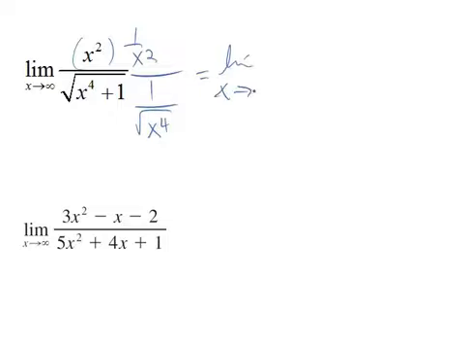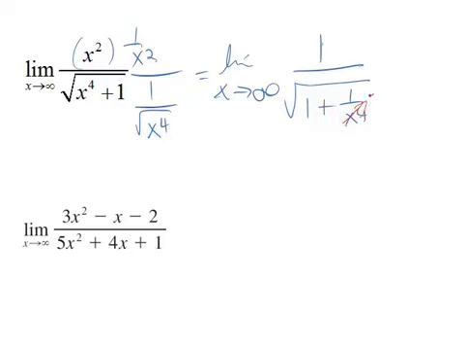So we have the limit as x approaches infinity, the numerator is 1. The denominator, we've got this radical, and this becomes 1 plus 1 over x to the fourth. As x approaches infinity, this fraction approaches 0, and I'm left with 1 over the square root of 1, which is 1. So we've got our limit there of 1.